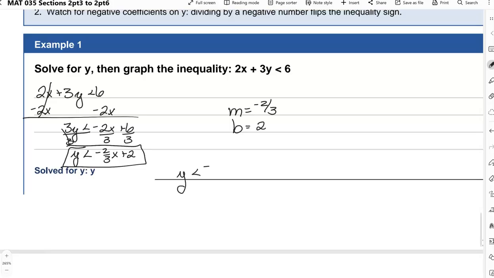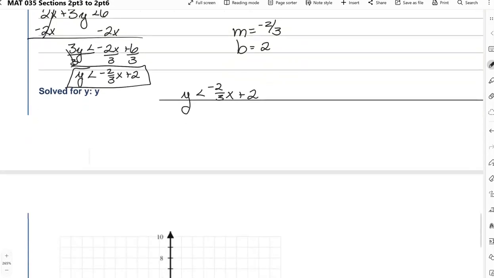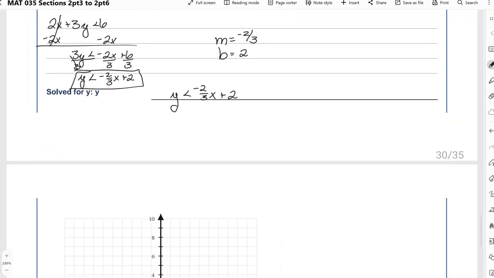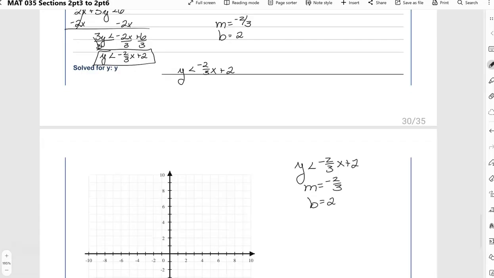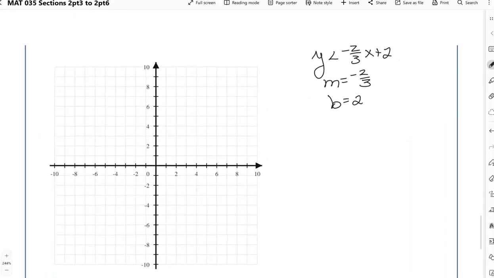So I get y is less than -2/3 x plus 2. So now we have enough information to graph. So I'm going to copy that information down here where my graph is. So b is 2.